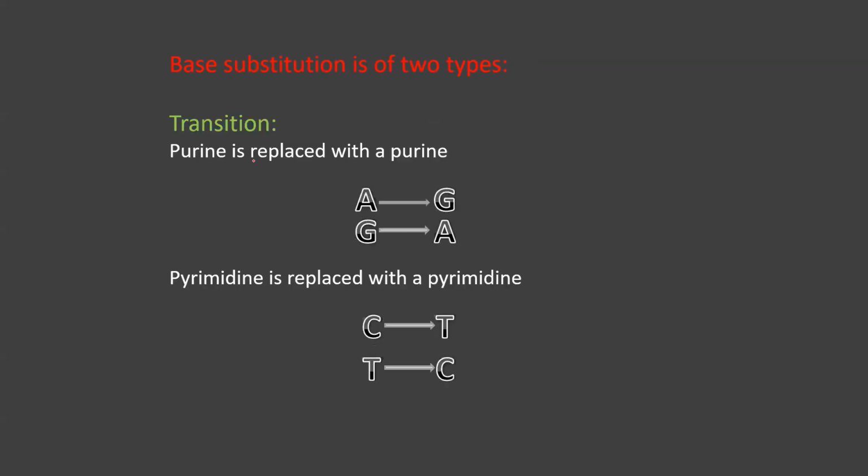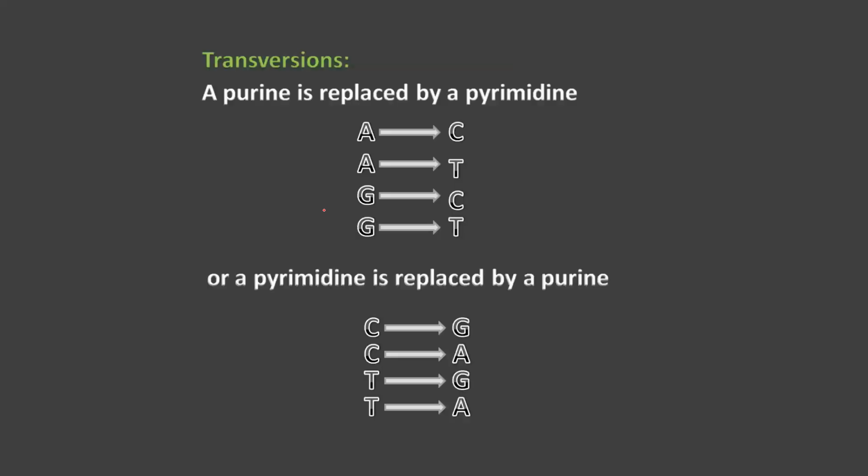So remember now, you have transitions, right, where you're swapping within the same group. So you swap a purine with a purine, or you swap a pyrimidine with a pyrimidine. That's a transition. Now, when you do it the other way, when you swap a purine with a pyrimidine, this normally causes all sorts of problems, which we'll talk about.